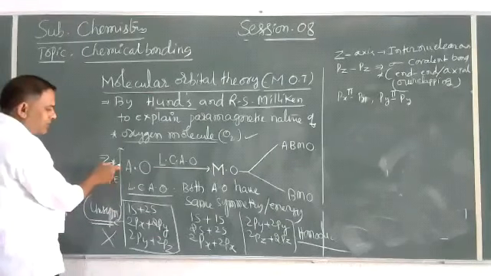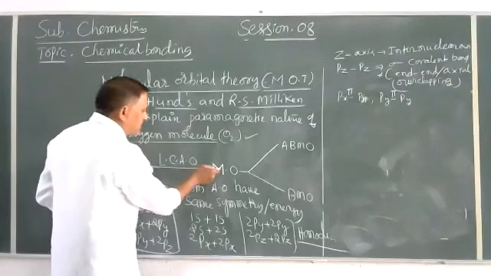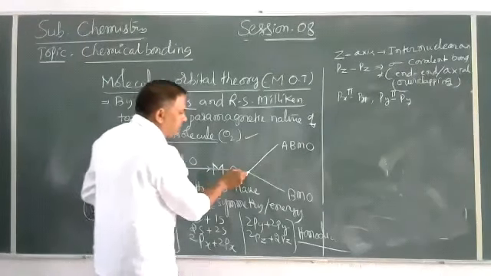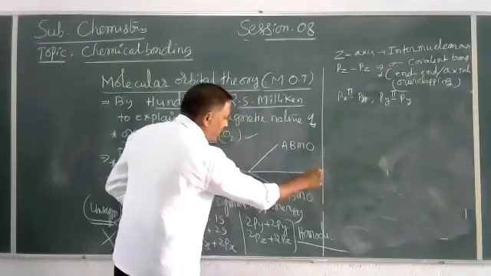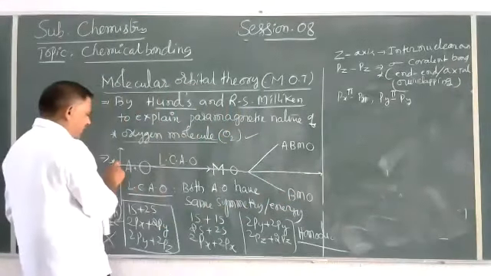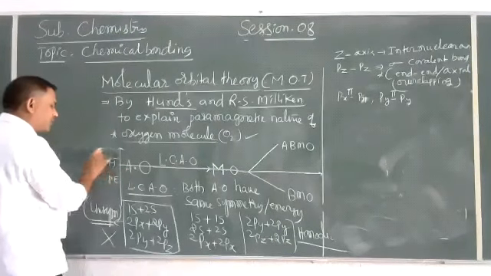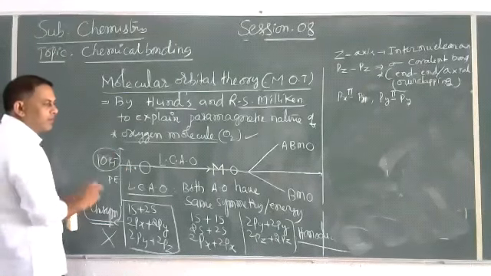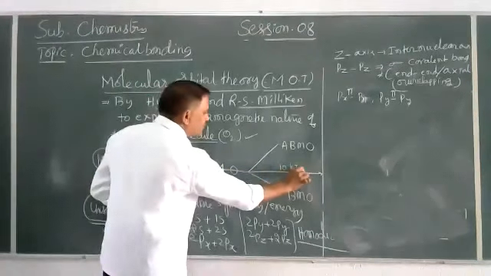These are the atomic orbitals. These atomic orbitals linearly combine to form molecular orbitals, which are of two types. Observe this axis, energy: let us consider this energy is 10 kilojoules per mole, and this one is also 10 kilojoules per mole.